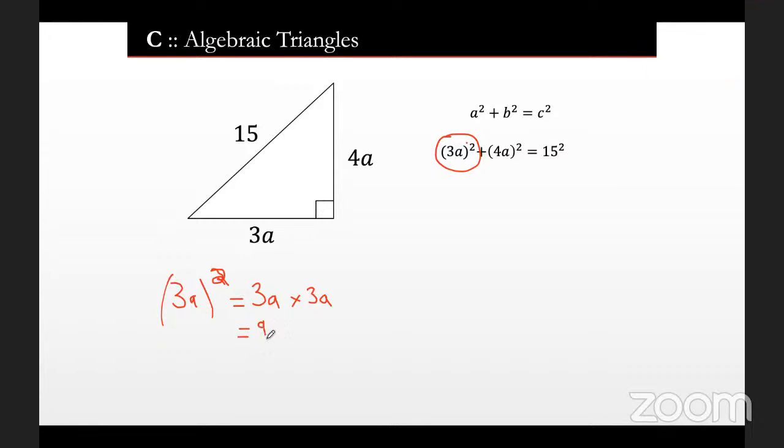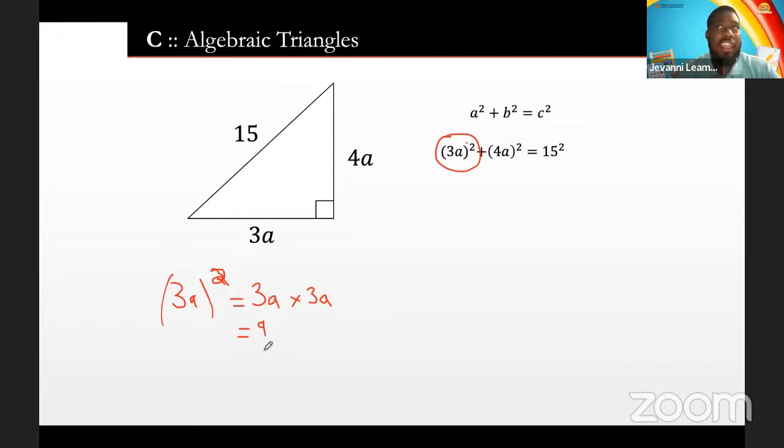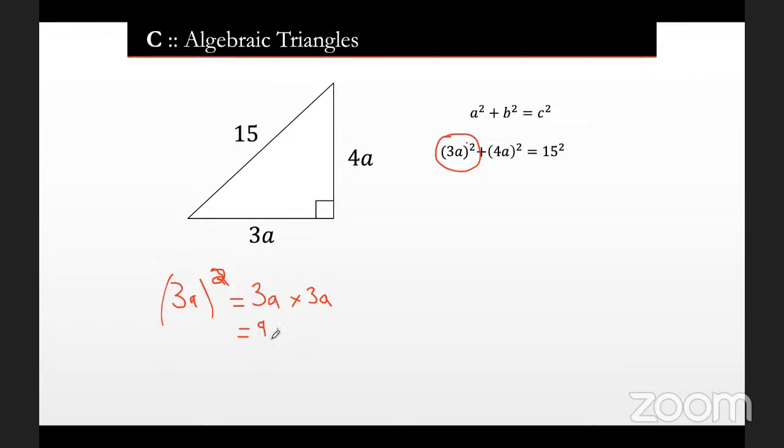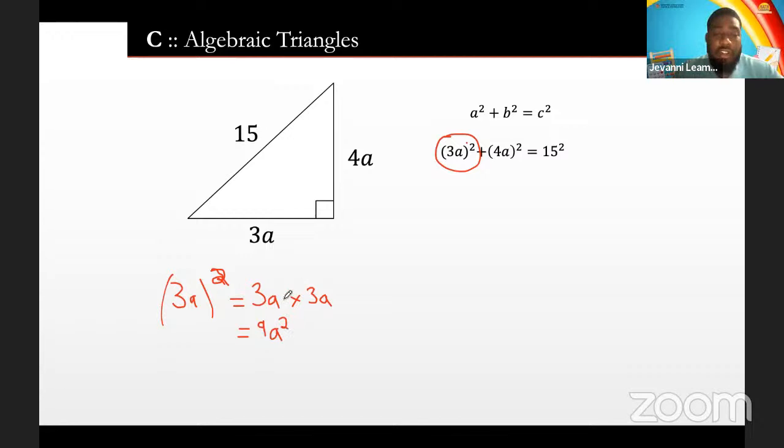And then A multiplied by A, laws of indices now. A squared. Fantastic. This is A to the 1 and A to the 1. Remember, laws of indices: when you're multiplying by the common base, which in this case is A, you add the powers. That's why you add 1 and 1 to get A squared. So this is equal to 9A squared.